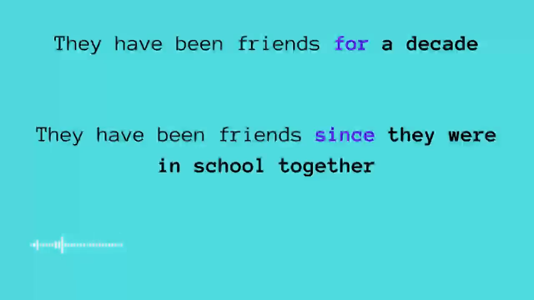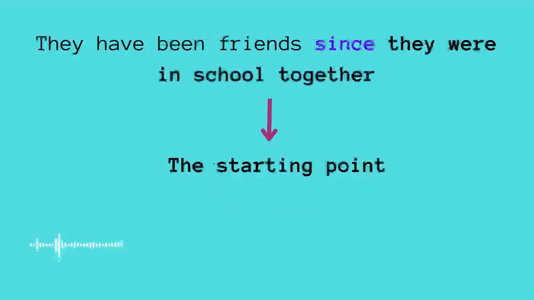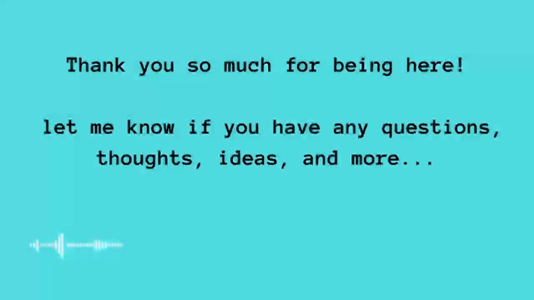So back to the example. When we use for, in this case, we are focusing on the duration of time. But with the use of since, we are focusing on the starting point. So when have they started becoming friends? Since school. I really hope I managed to explain the differences between for and since in an easy way.